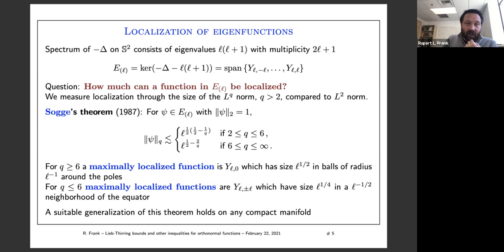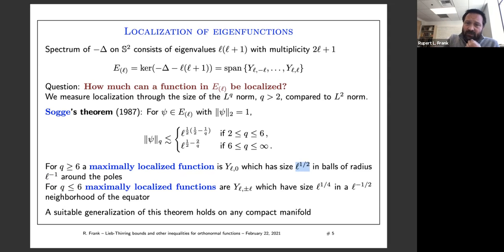Namely, when we have a large Q, then in order to maximally localize a function, you take a function that is localized around one of the poles. If you follow the counting, there's a certain length scale L to the -1, that's the size of this neighborhood of the pole where the function is localized. And then there's a size L to the 1/2 that the function has in that ball.